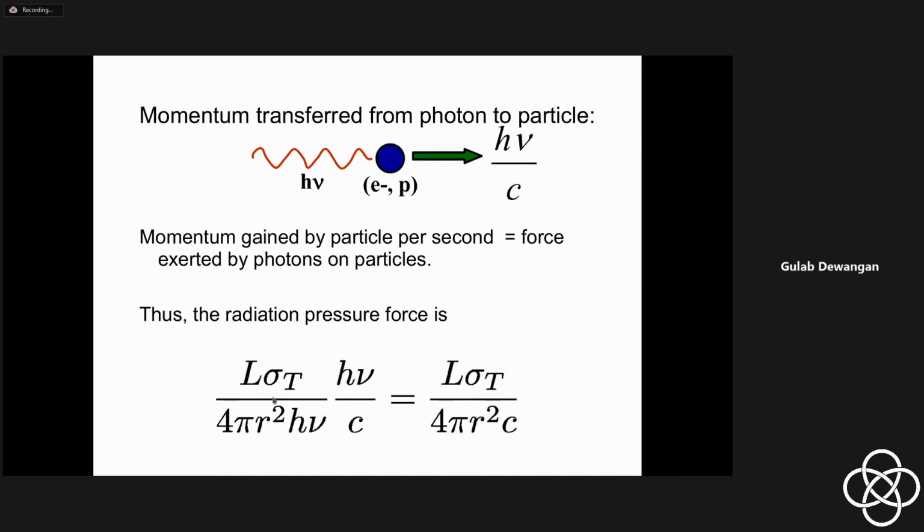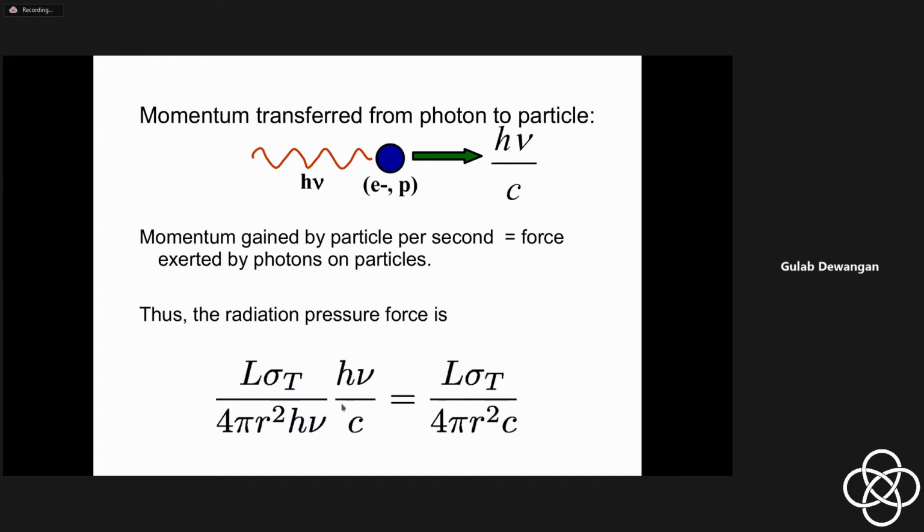When we divide by h nu, this becomes the photon number flux. When we multiply with the Thomson scattering cross section, this becomes the number of scatterings between the photon and the particles. And in each scattering, the momentum imparted is h nu by c.